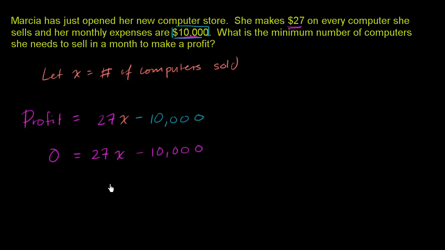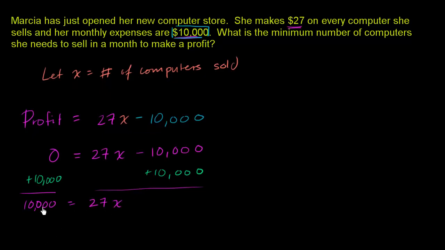Well, we've seen equations like this before. We can add 10,000 to both sides, so that it's no longer on the right-hand side. And we are left with 10,000 is equal to 27x.